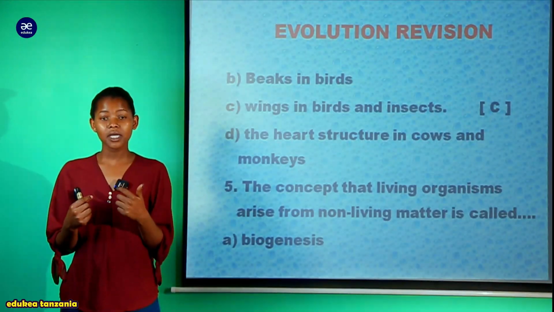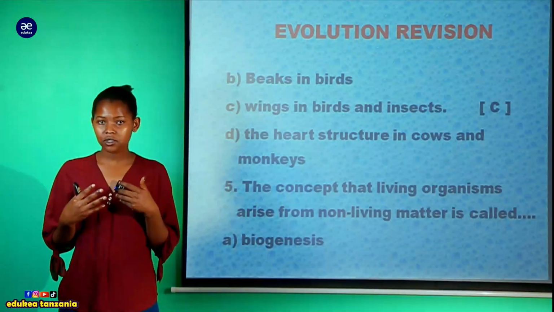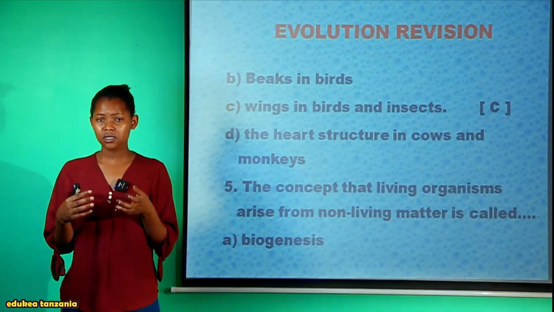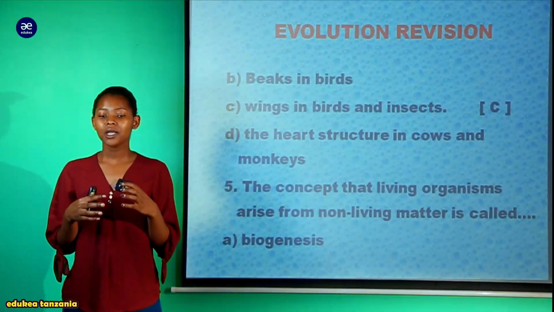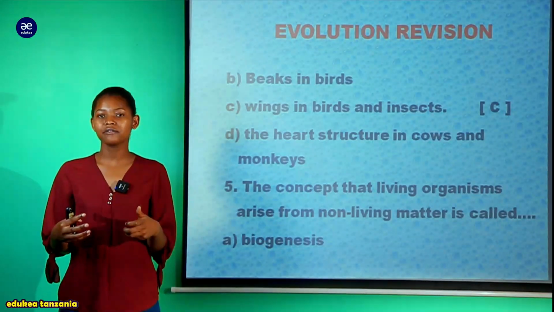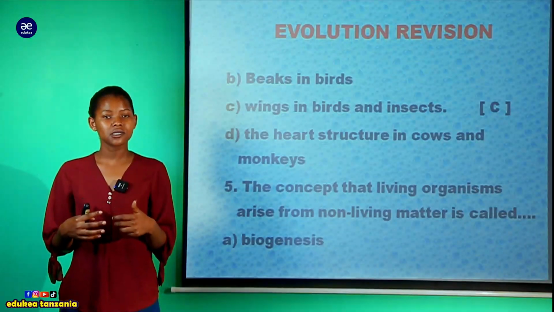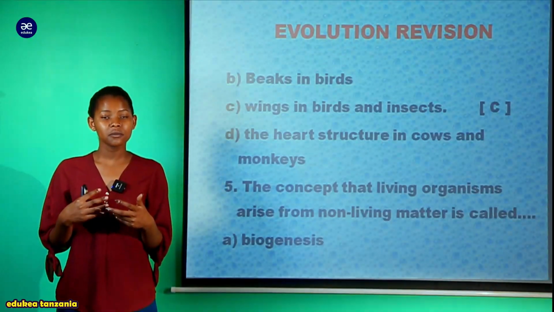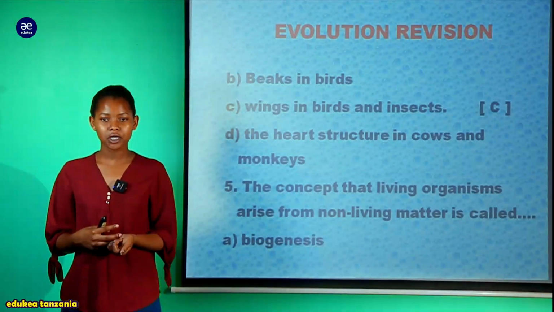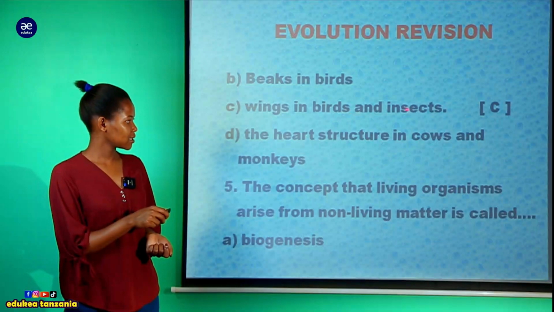There are some birds with long pointed beaks, others with short, blunt beaks. So due to this variation, the birds explore a variety of foods, so the functions are different. But when it comes to embryonic origin, it is the same, and the beaks in birds are termed as homologous structure. On C, we can see wings in birds and insects.